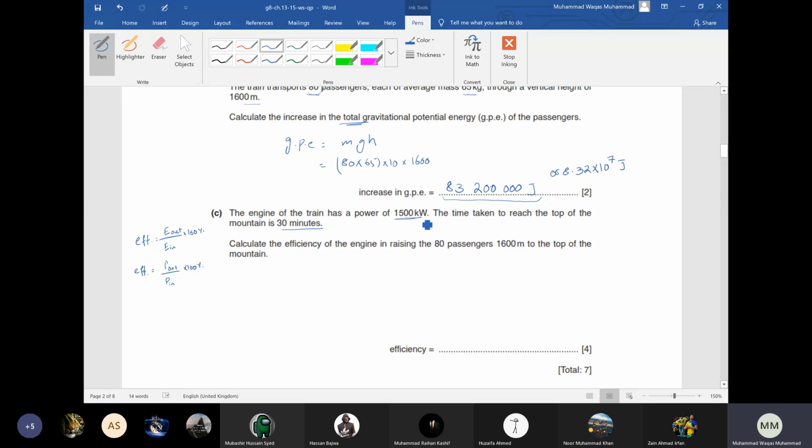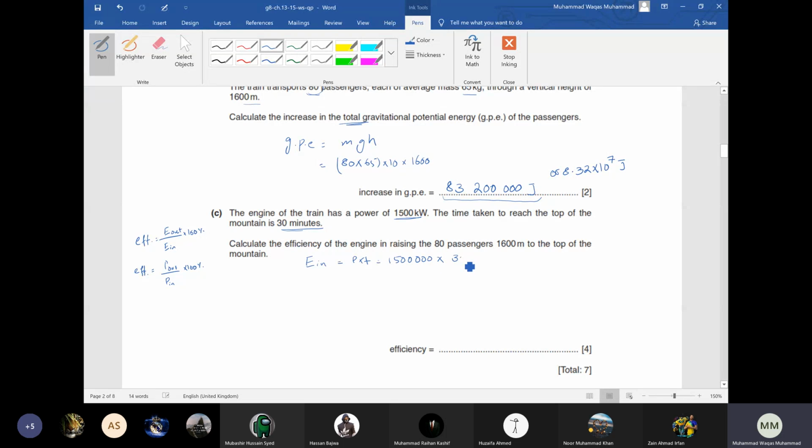We are given the power of the train's engine and we are given the time. Using this we can calculate energy input, which will be P times T. Power is 1500 kilowatts, so we convert kilowatts into watts: 1,500,000 watts, times time.